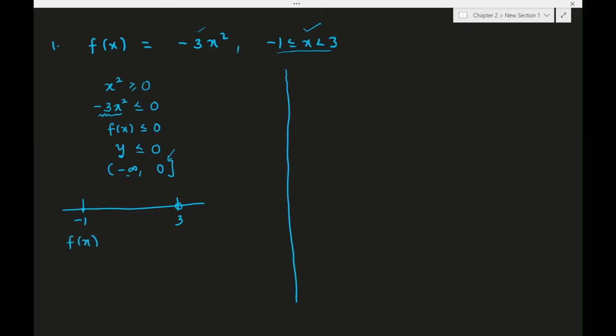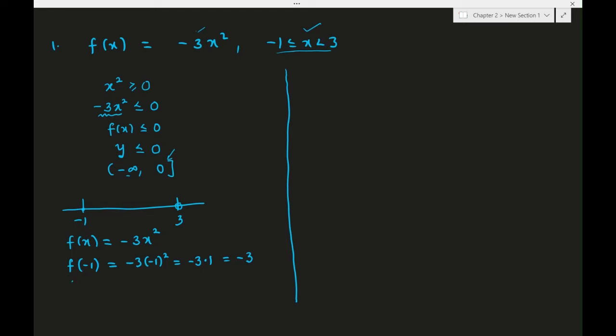So usually what we do in this case is this is our f of x. Remember, f of x is minus 3x squared. So let's try the endpoint first, which is f of minus 1. If you put minus 1 here, you'll have minus 3 times 1, which is minus 3.